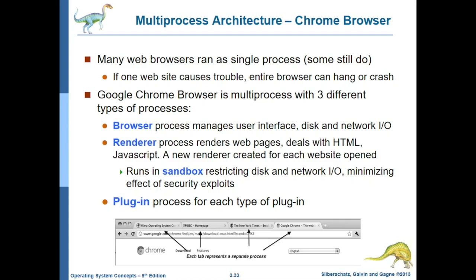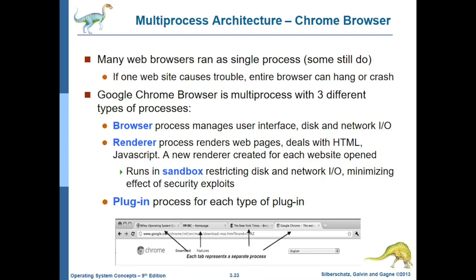It has its own code, data, and resources. Processes can communicate with each other through inter-process communication mechanisms. Processes can also create new processes through a system call called fork. The Chrome browser has three different types of processes, which are the browser process, the renderer process, and the plug-in process.